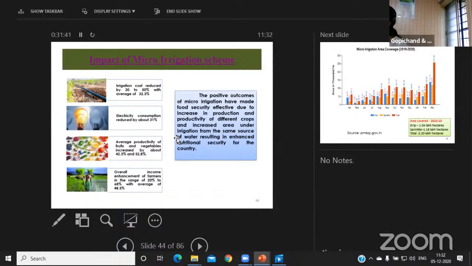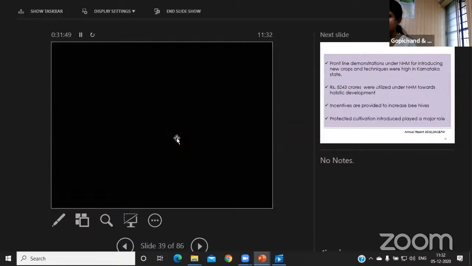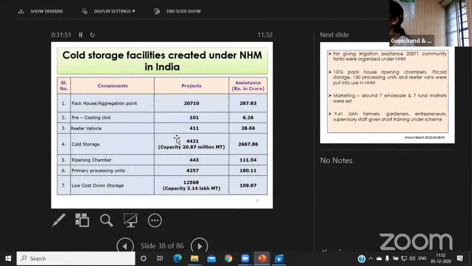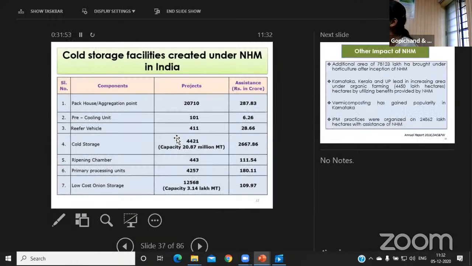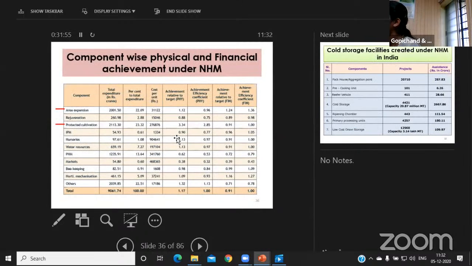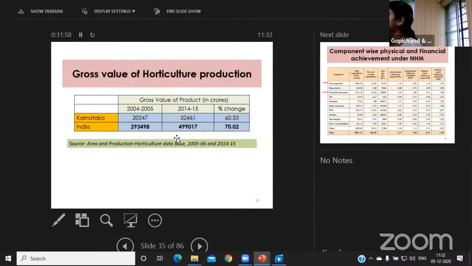One more thing, you are mentioning that productivity is increased 30 to 40%. While comparing to the price commission of Karnataka, the cost of production of all horticulture crops is negative. What is the gap between what the price commission says and your increased productivity?